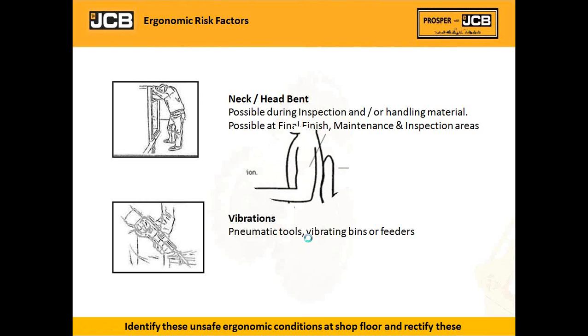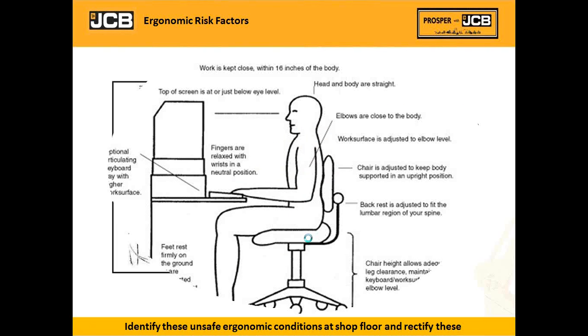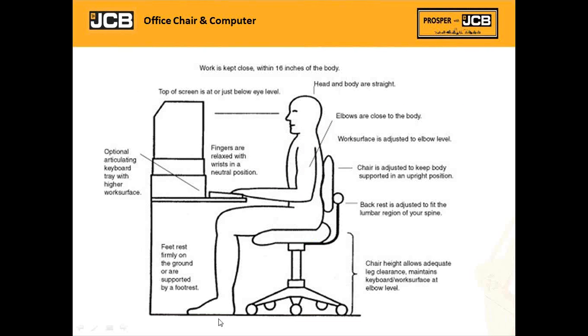Your back is straight, your feet are resting on the floor, not above the ground, back is perfectly straight, monitor is straight in front of your eyes, and just look at the wrist. Here the wrists are neither bent up nor bent down. So these are the things we have to consider while designing an ergonomic office and chair.